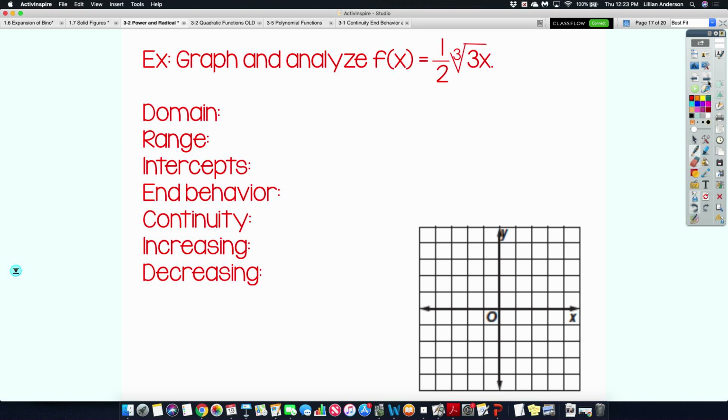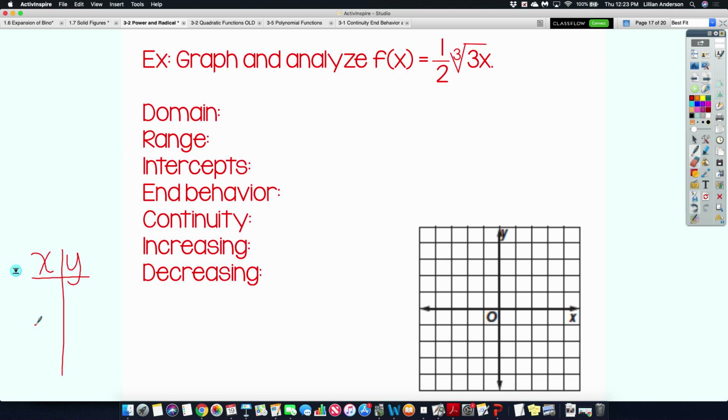And it is a 1/2 cube root 3x. Now, this is an odd root, so it's going to look like the odd picture, which means, yes, you can take the cube root of negative numbers, okay?